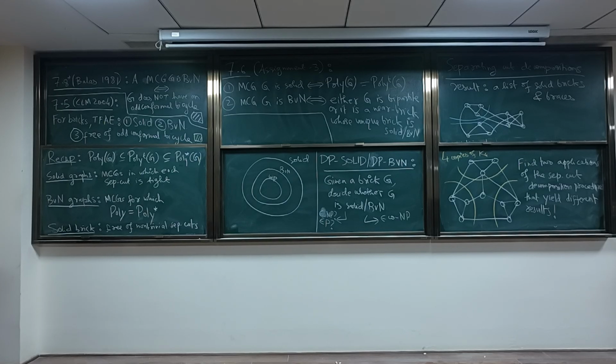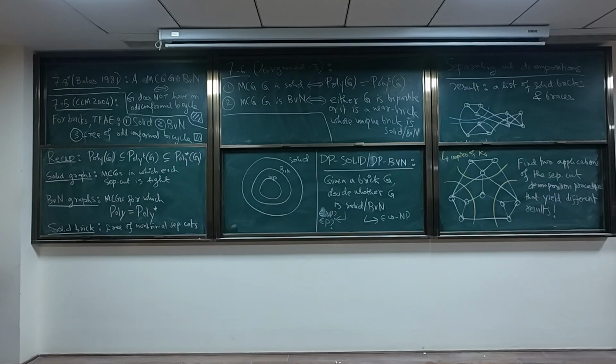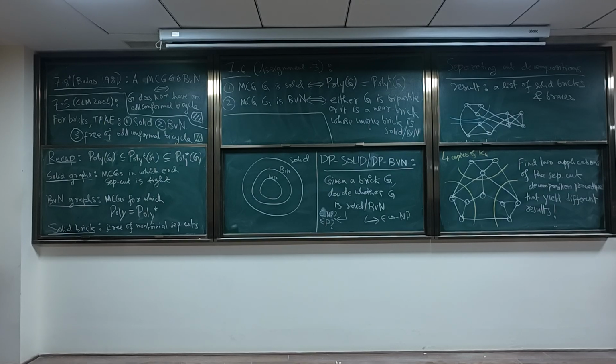I'll give you a hint for the other one. We have proved that if there is an odd cycle, if you shrink the complement of the vertex set of an odd cycle, that is always matching covered. Shrinking an odd cycle may not give you a matching covered graph, but shrinking the complement of an odd cycle always gives you a matching covered graph. You may find that useful.